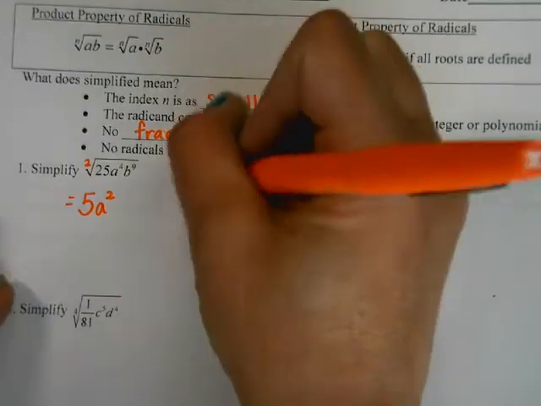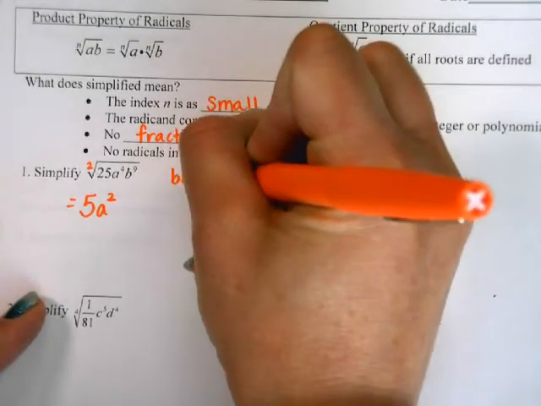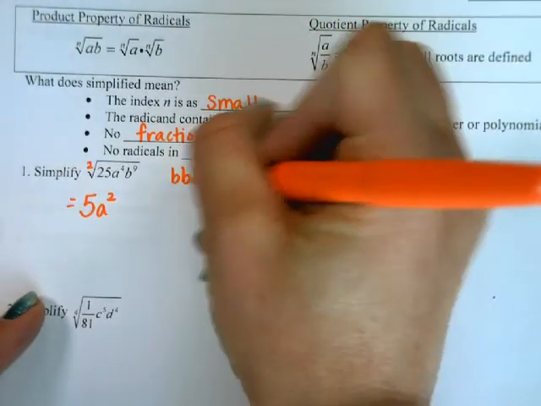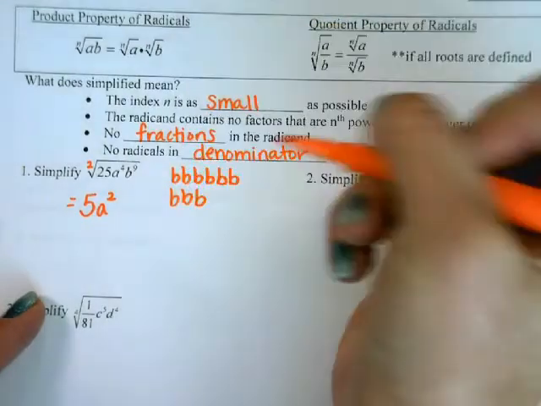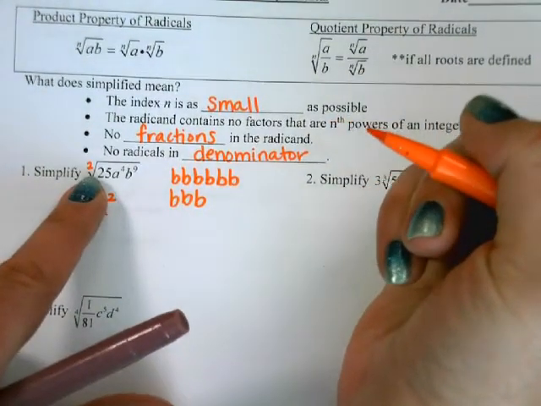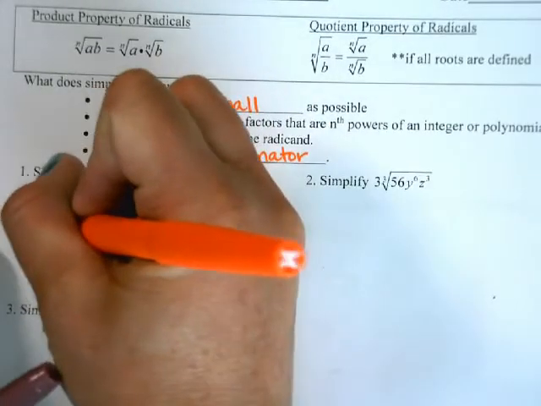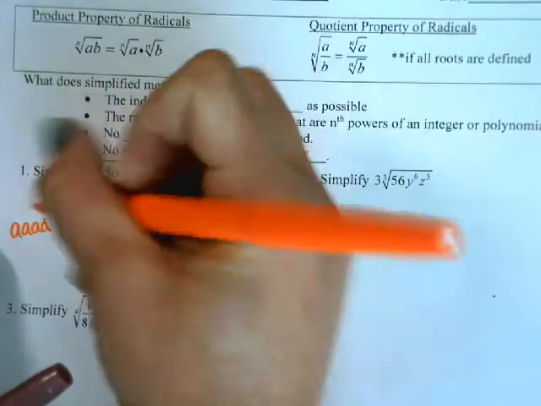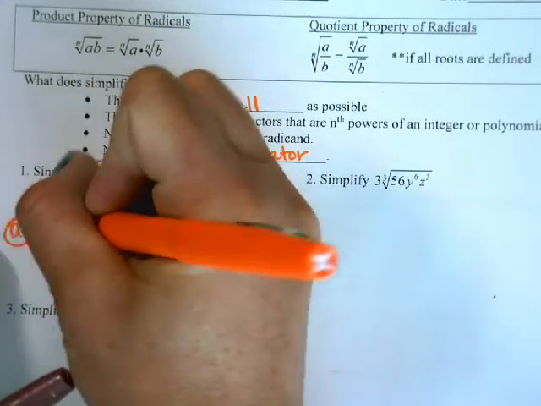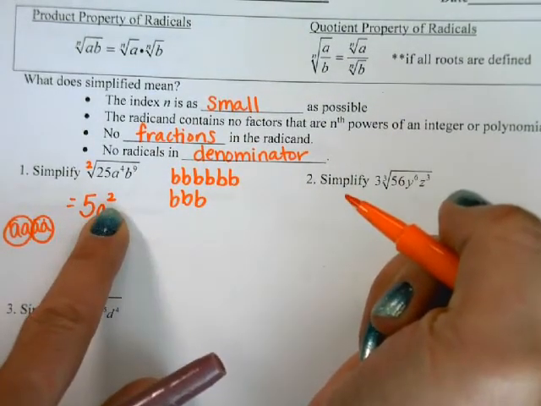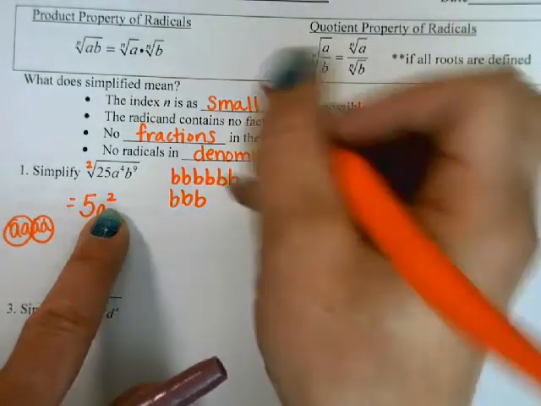Watch what happens. I'm going to just draw it all out so you can see it. 1, 2, 3, 4, 5, 6, 7, 8, 9. The index tells me how many I'm going to group together. Think about our a's. We had 4 a's. My index says put them in groups of 2, and I had 2 groups of a's. There's where that a squared comes from. Does that make sense? I'm going to do the same thing with the b's.